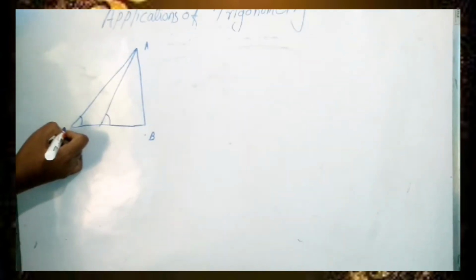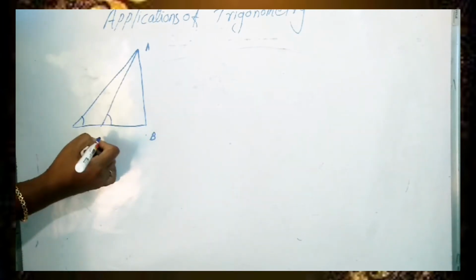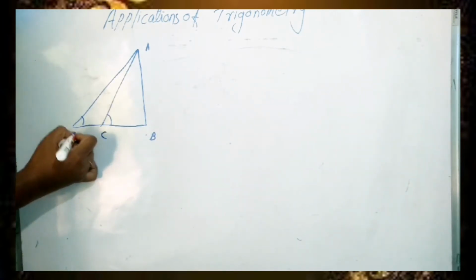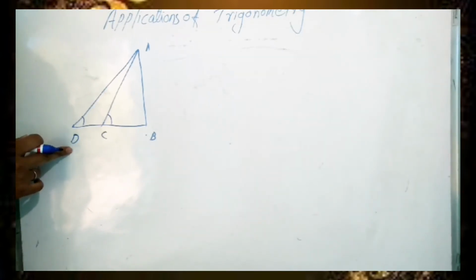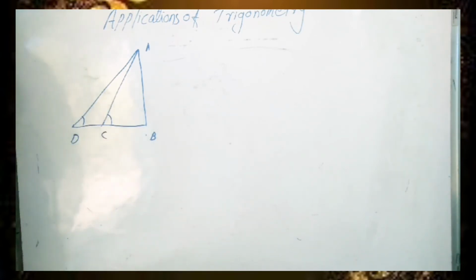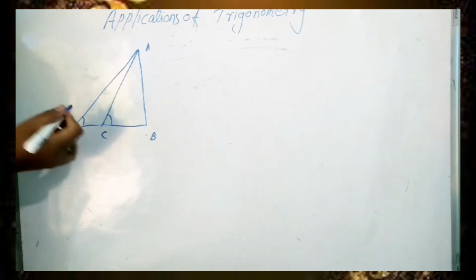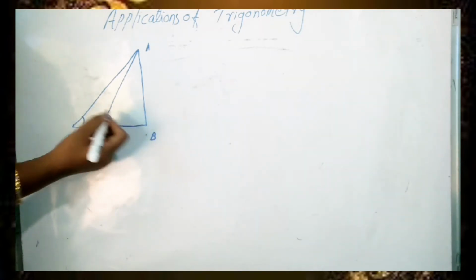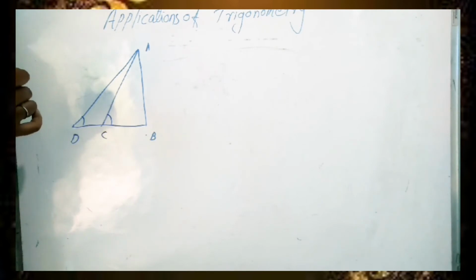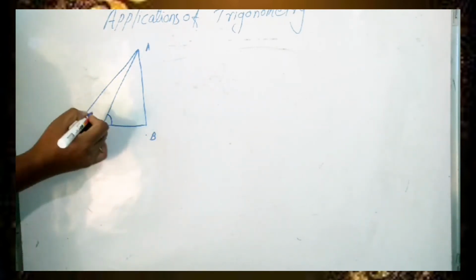Suppose this is A, B, and this one is C, and this one is D. In this case, we know that this D is far away from this B than C. So if we are moving from D towards B, the angle of elevation will increase. So the 2 angles are given.